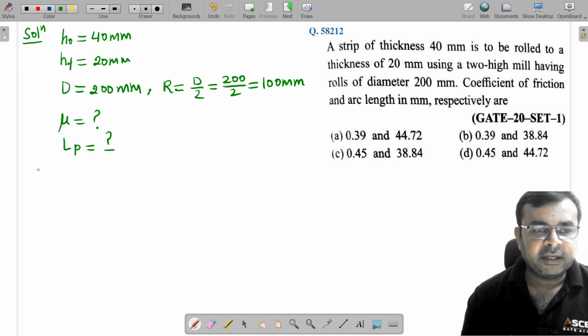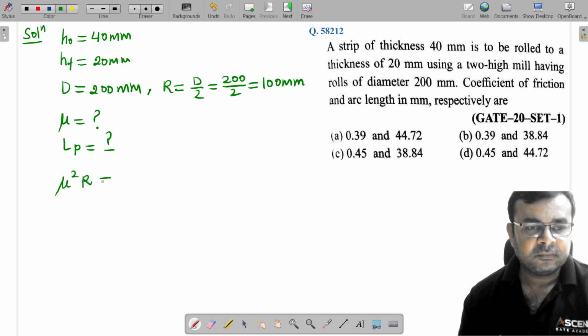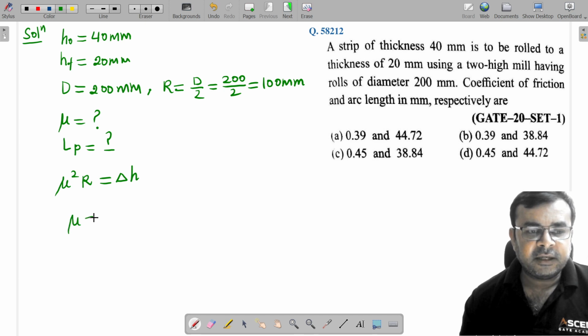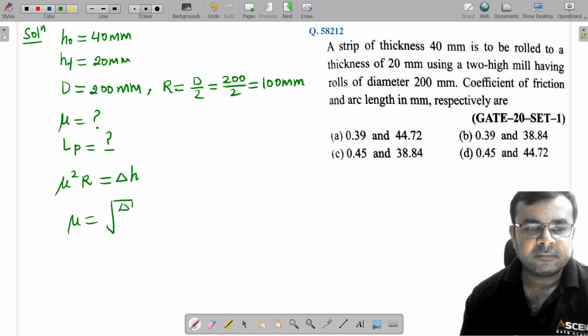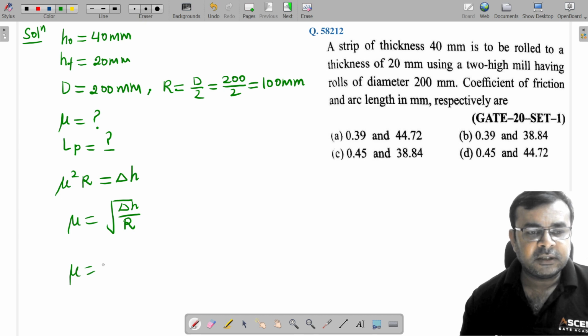So if I use the self entry condition, here we have one relation, that is mu square into r should be equal to delta h. Yes or no? So from this, mu is equal to square root of delta h by r, correct? Now if you put these values here, you will get the coefficient of friction.